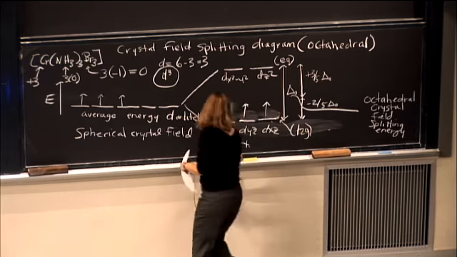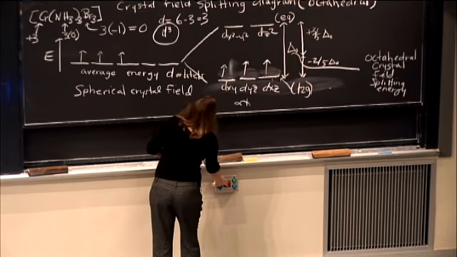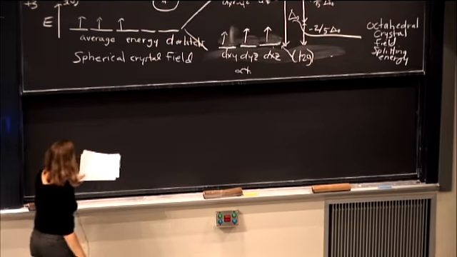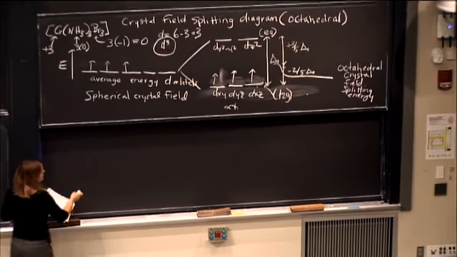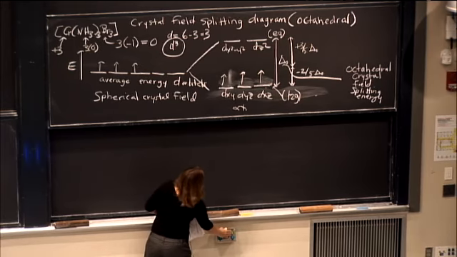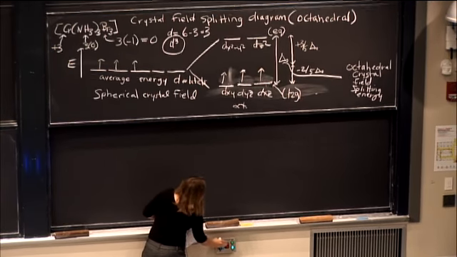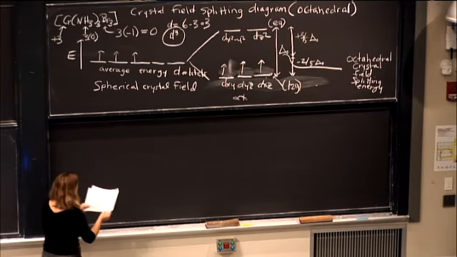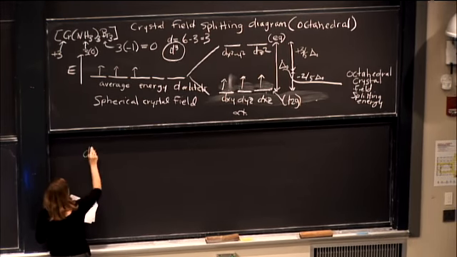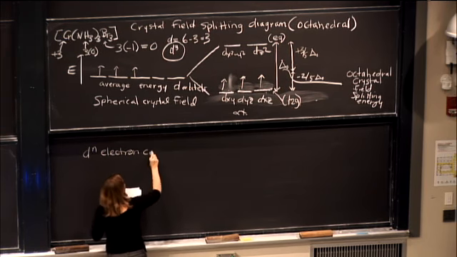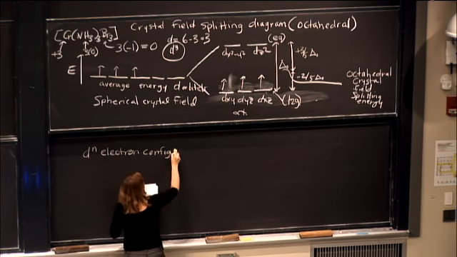Now we can introduce a couple other terms, which is why I realized I forgot to put the labels on. So you'll often be asked for something called the d^n electron configuration.